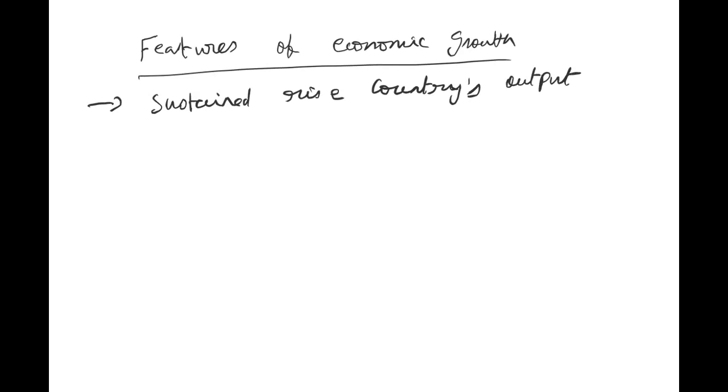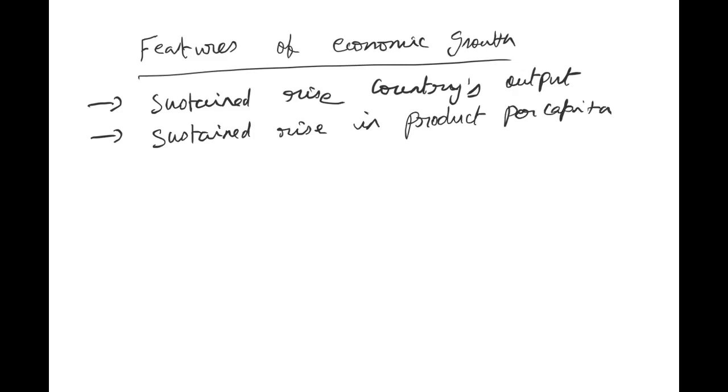So that is a sustained rise in country's output. Then the second one is sustained rise in product per capita. So the output produced per labor or per capital should keep on increasing. So that also should continuously keep on increasing. That is a sustained rise in product per capita.